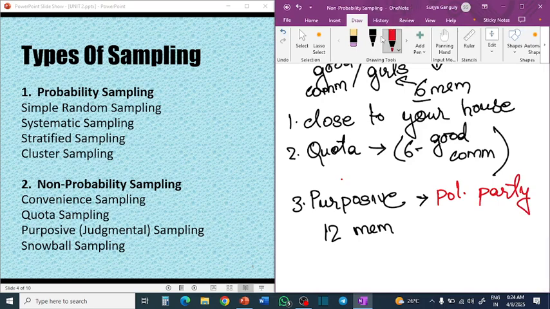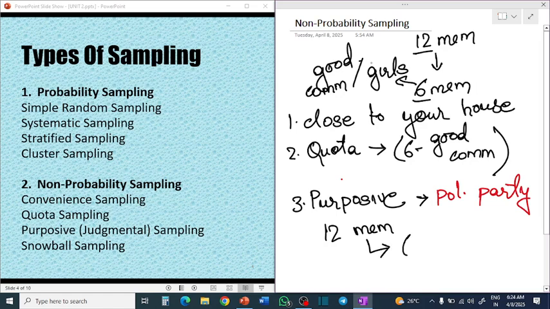So for that, out of the 12 members, you will select only those 6 members who support this political party, so that you can have a positive image of this political party. So that is known as purposive sampling or judgmental sampling.